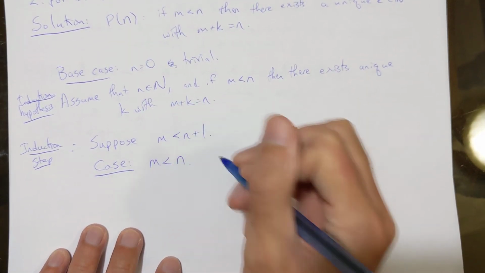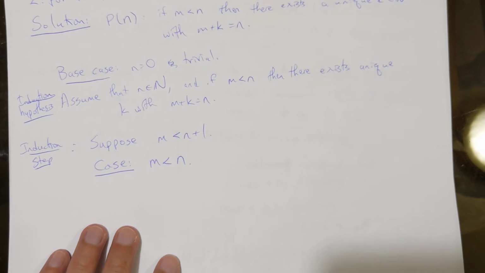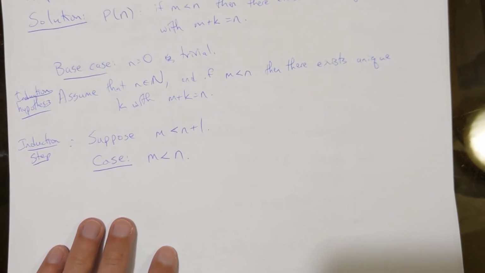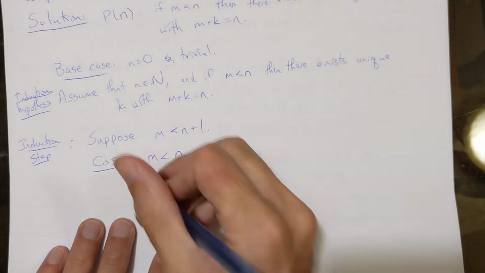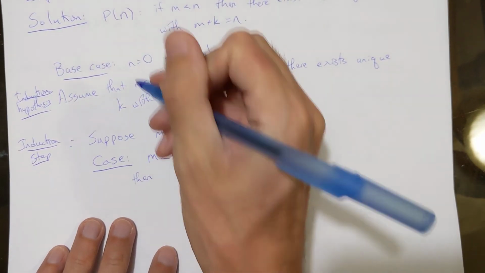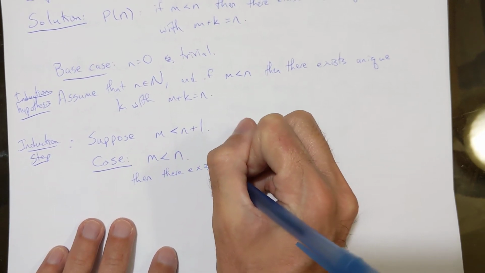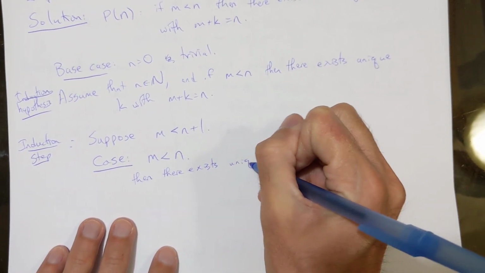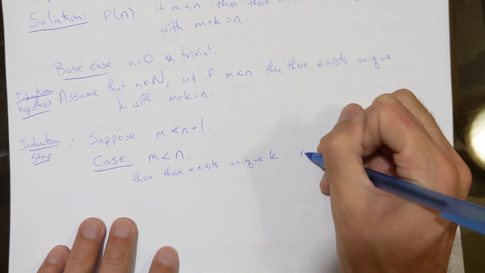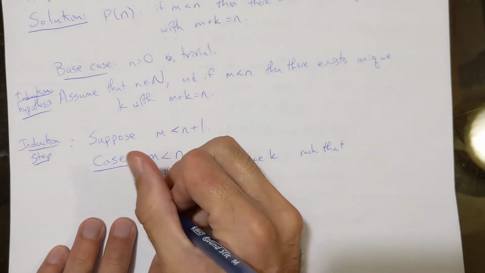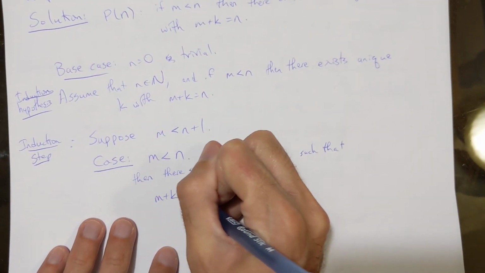So let's do the case that m is less than n. In this case, by the induction hypothesis, there exists unique k such that m plus k equals n.